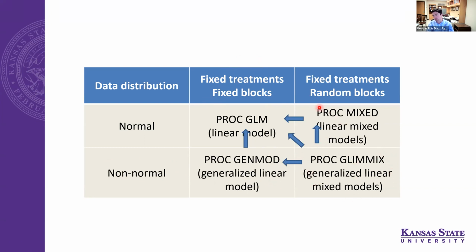You can basically do all of the other ones, whether the data is normal or non-normal, and whether you have random, fixed, or mixed models. All of that can be done with PROC GLIMMIX. And so I typically just use PROC GLIMMIX. Today I'll just use that, and in my opinion, I don't think there's a need to use or learn the other ones if there's really no need for that. So we'll just work with PROC GLIMMIX today.